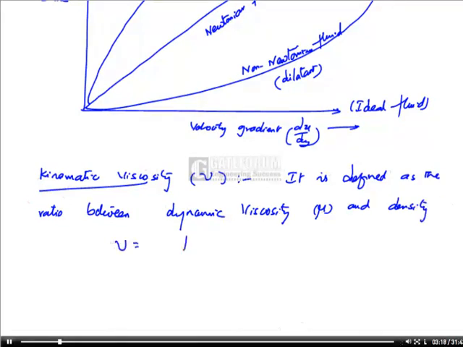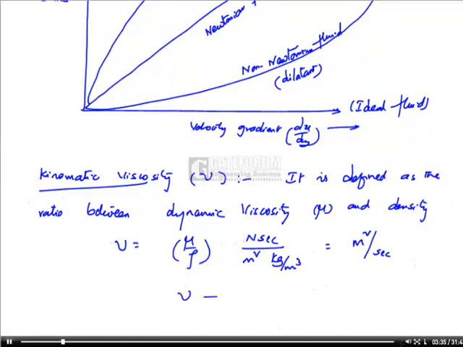That is, kinematic viscosity is mu by rho. Its units will be Newton second per meter square divided by kg per meter cube. Resulting unit will be meter square per second. Dimensional formula is L square T power minus 1.